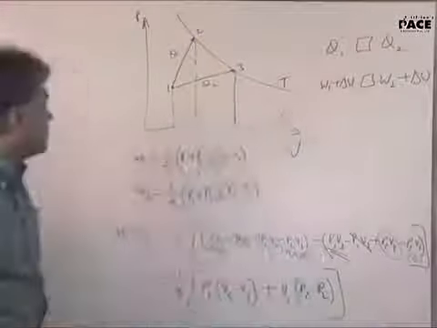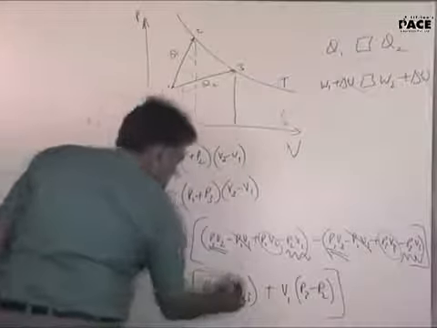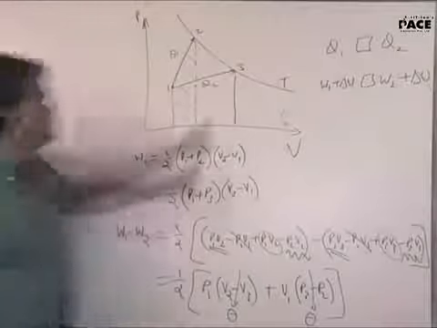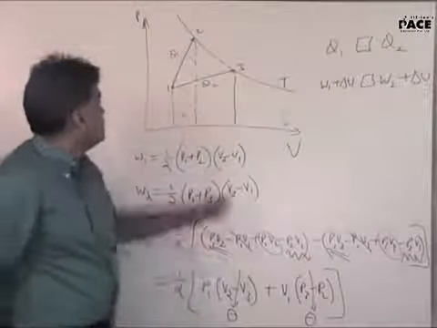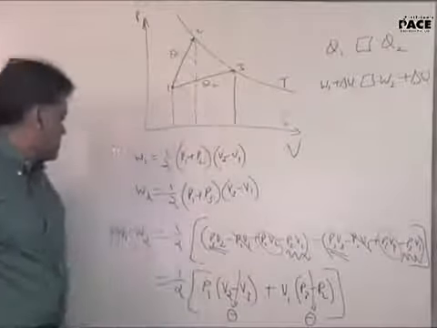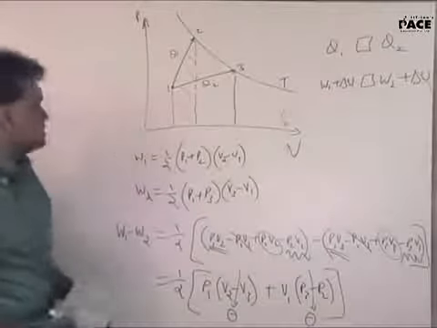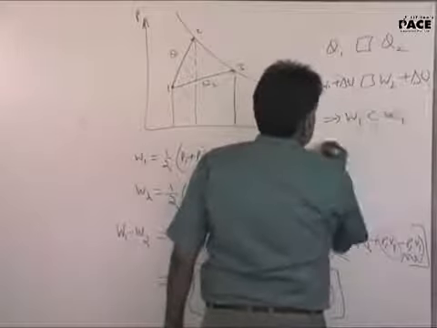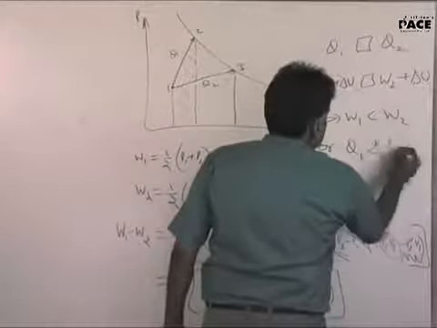If you notice, both these terms are negative. P3 is less than P2 and V2 is less than V3, which means W1 minus W2 is less than 0, or W1 is less than W2, or Q1 is less than Q2.